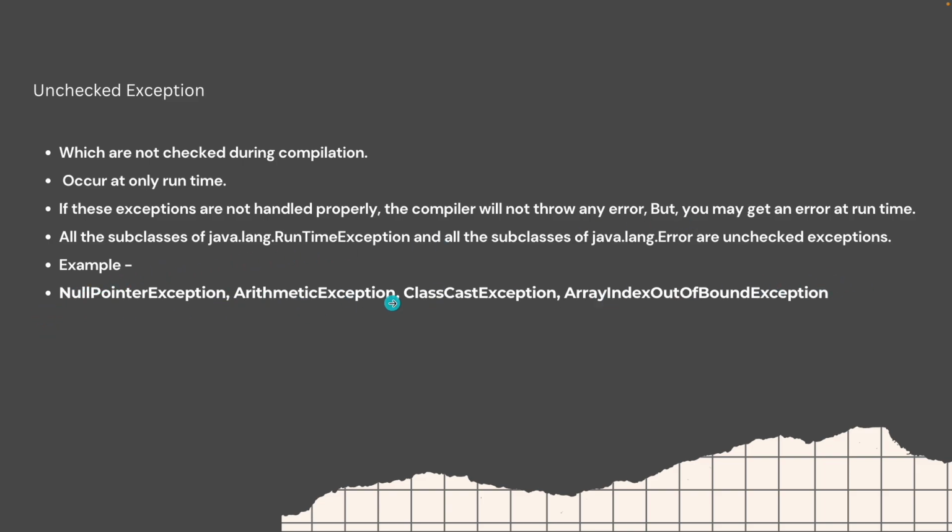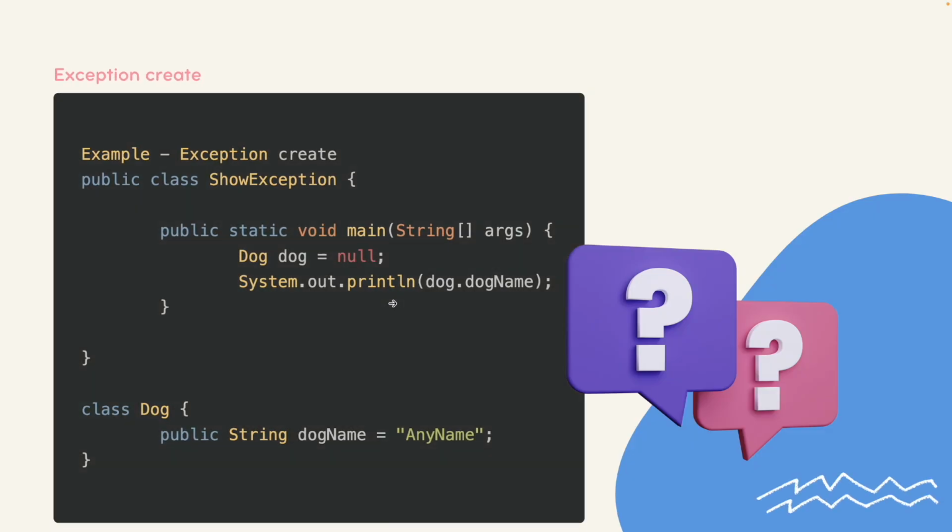How exception is created, if you want to see the code of how the exception is actually created and how we can handle it, you can check here. First I take a class named exception, and inside the main method I call a class, but actually that class is defined as null, and if I want to print some method inside that class, then it gives some errors or exceptions.